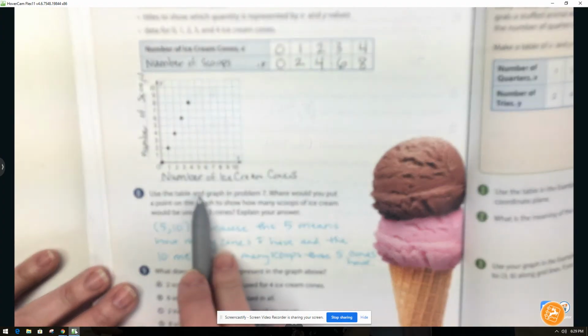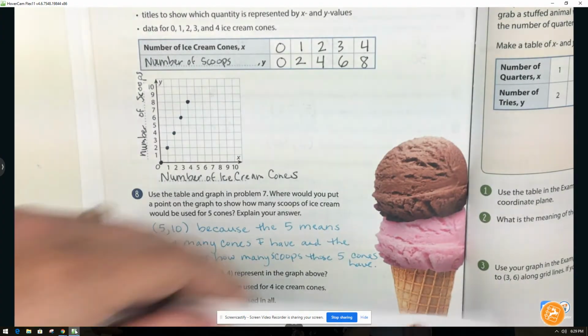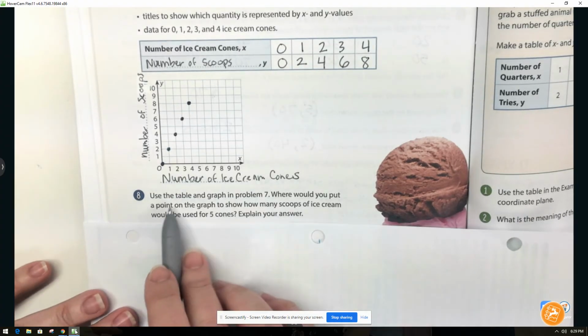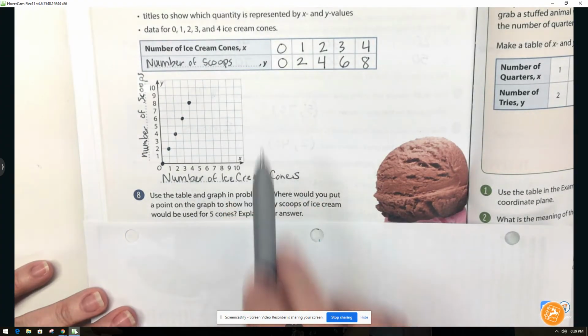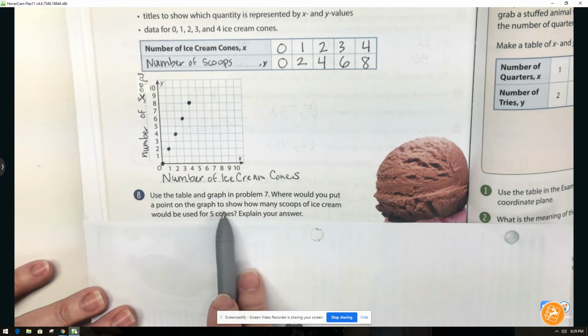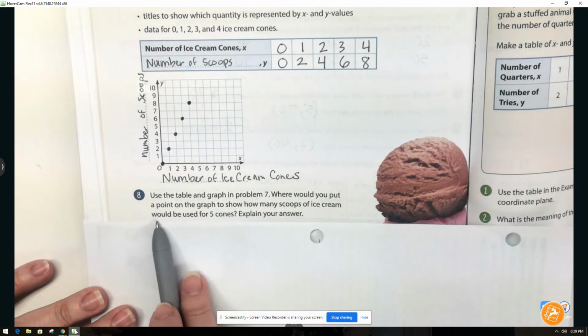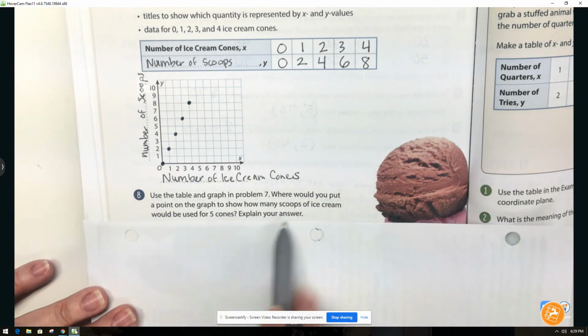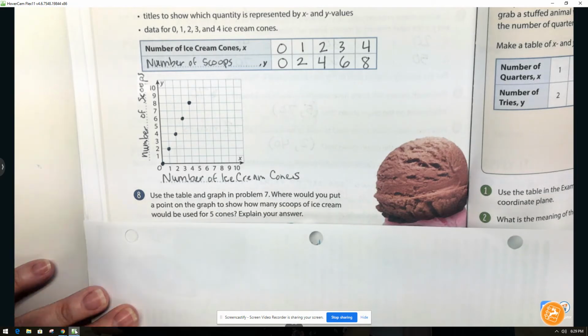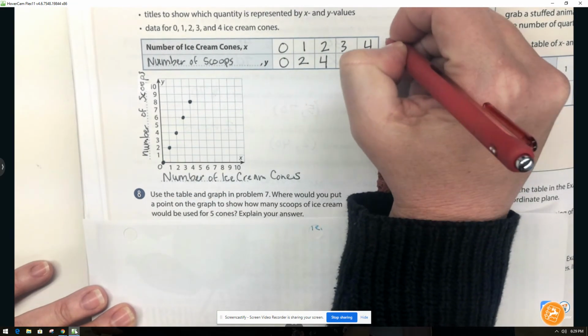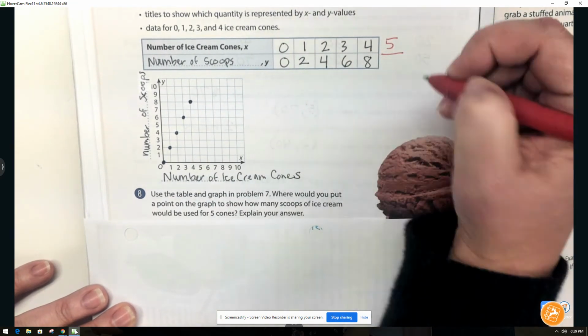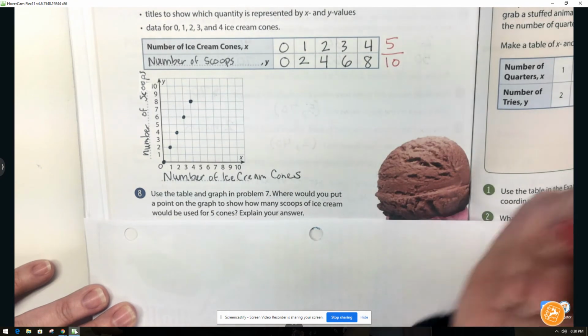So using the table and the graph in problem 7, where would you put a point on the graph to show how many scoops of ice cream would be used for 5 cones? Explain your answer. Well, if we had 5 cones, that would be how many scoops? That's right, it would be 10.